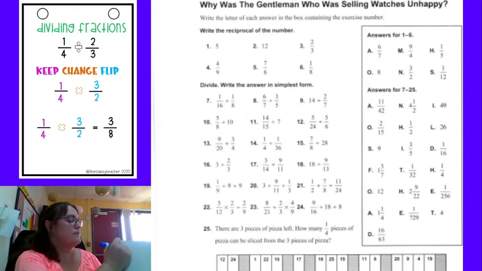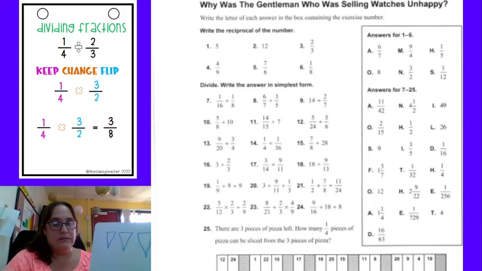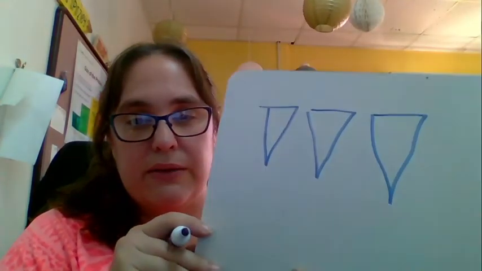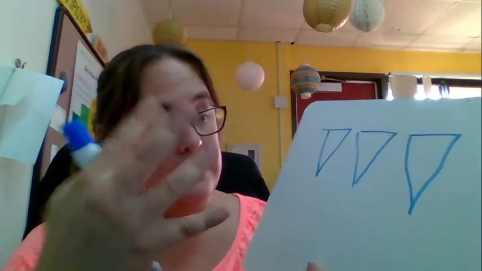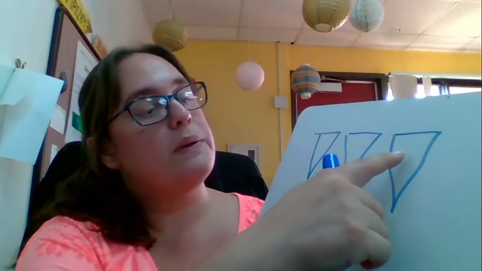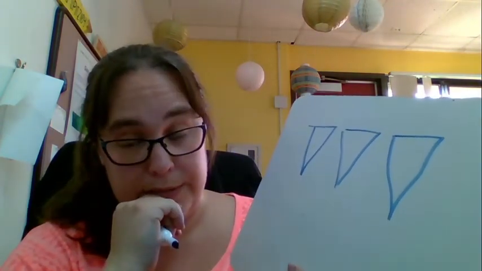So let's see. You know I'm not an artist, right? You have 3 pieces of pizza, right? And I'm going to cut this one into 4 pieces, and I'm going to cut that one into 4 pieces, and I'm going to cut that one into 4 pieces.